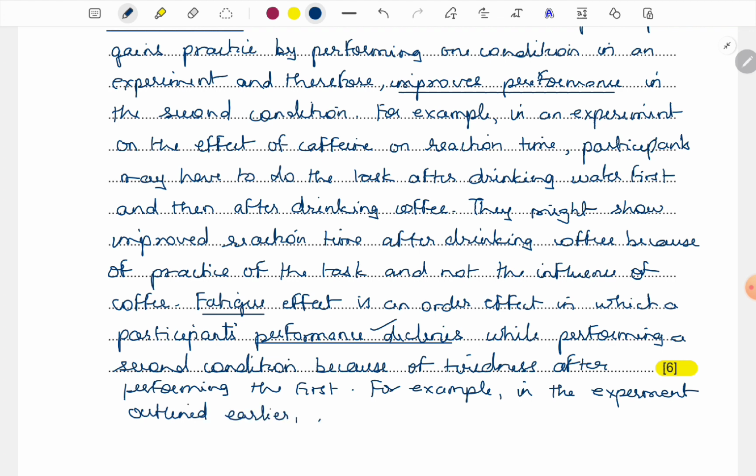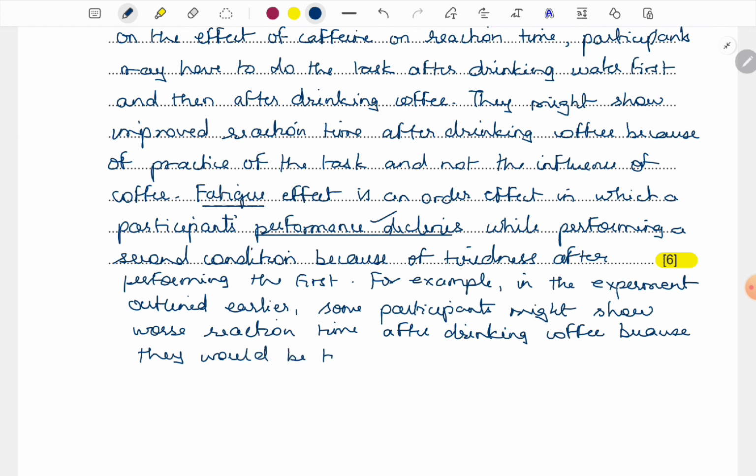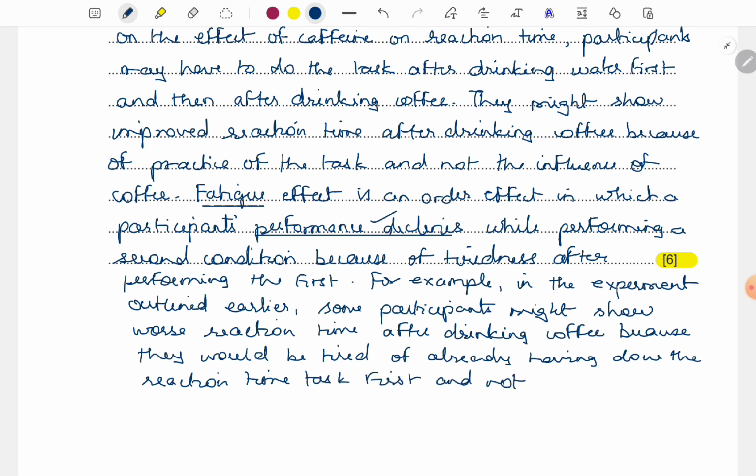I've already pointed out some participants might show worse reaction time after drinking coffee because they would be tired of already having done the reaction time task first and not because of the influence of coffee.